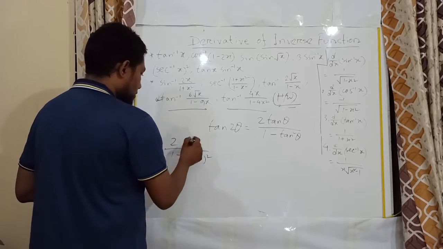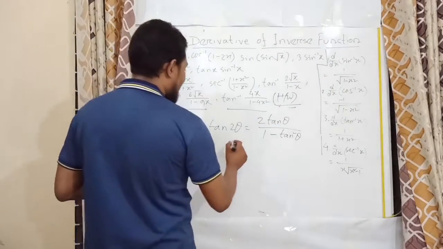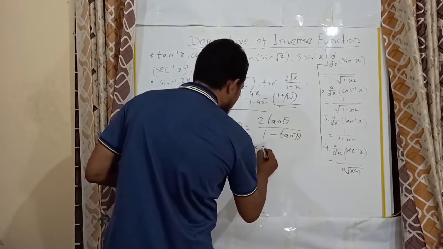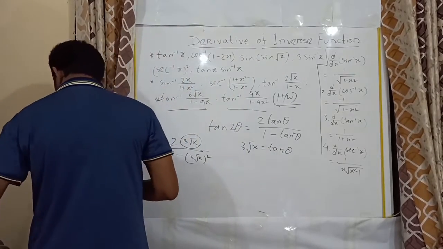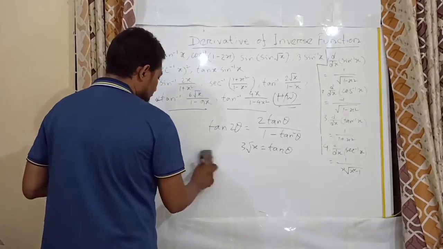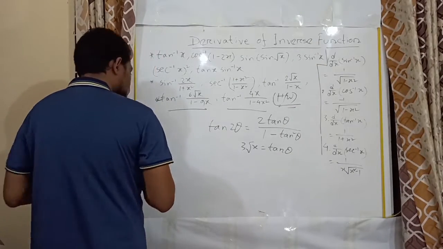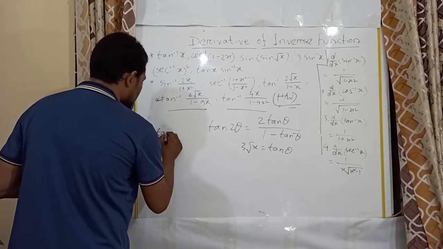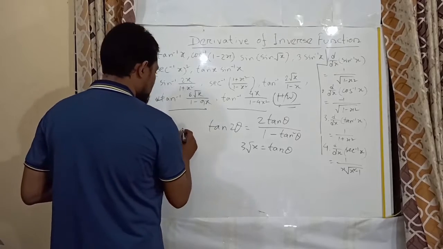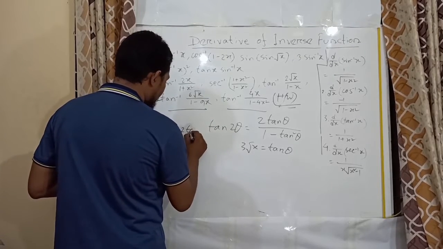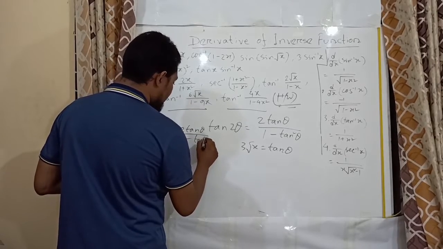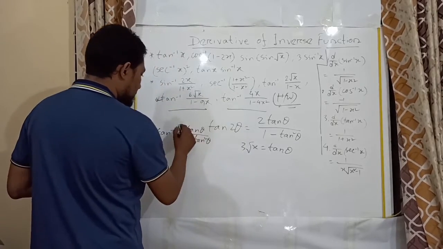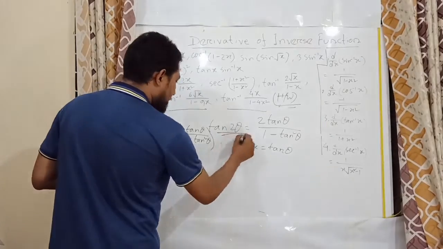So if we take 3 root x equal to tan theta, we can make a conclusion here that tan inverse of 2 tan theta over 1 minus tan square theta will be tan twice theta.